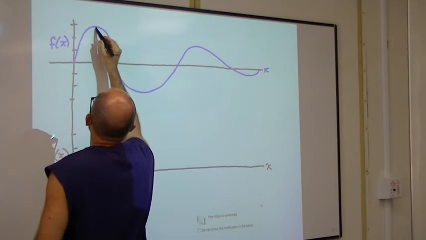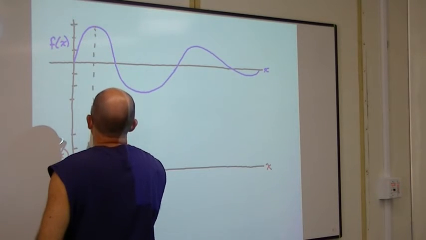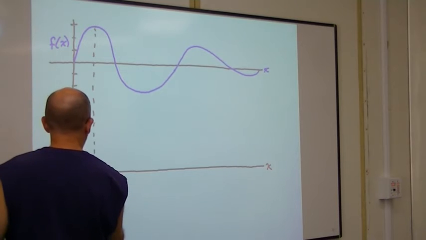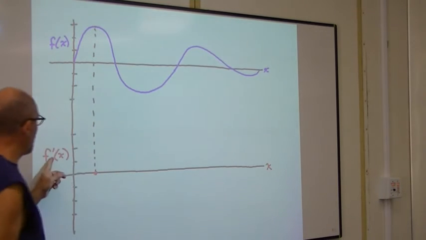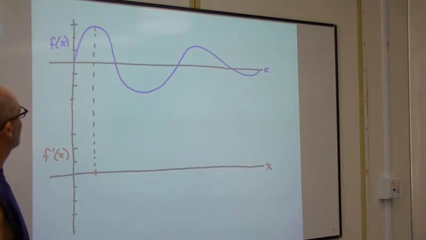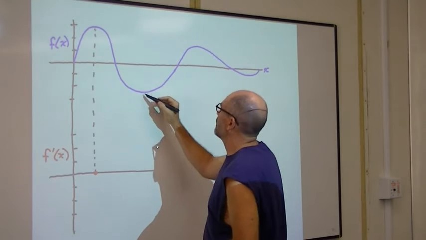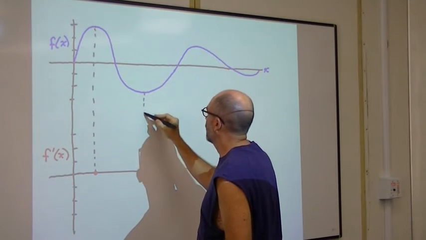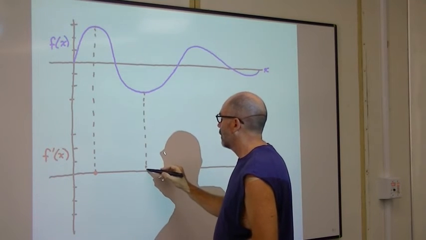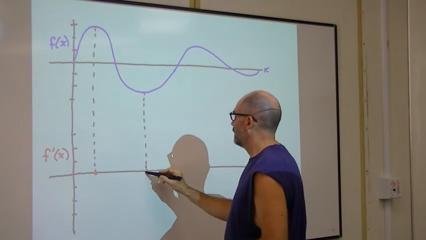If I take this point right here as a slope of 0, then right down here, my value for f prime of x is exactly 0. Same thing here. I've got a slope of 0 right here. So that means right at that x value, my derivative is 0.